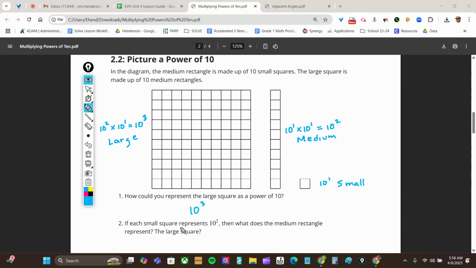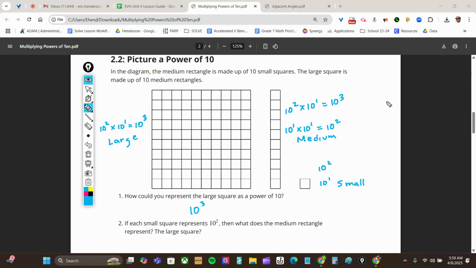If each small square equals 10 squared, then what does the medium rectangle represent? Okay, so they complicated it. If this now starts at 10 squared, then this is now 10 squared times 10 to the first, and it equals 10 to the third.